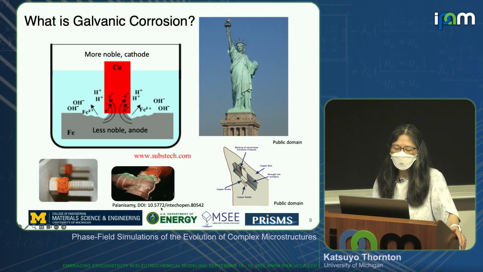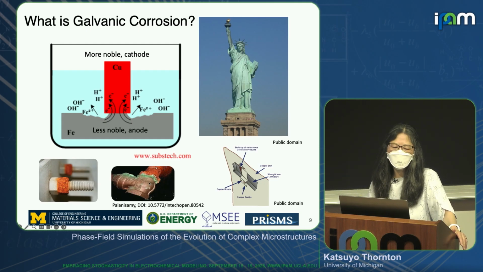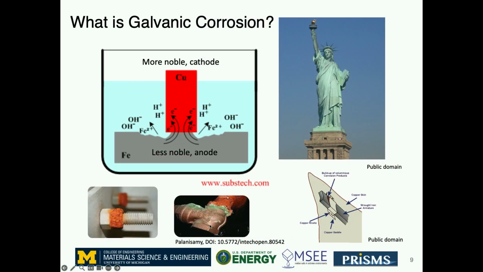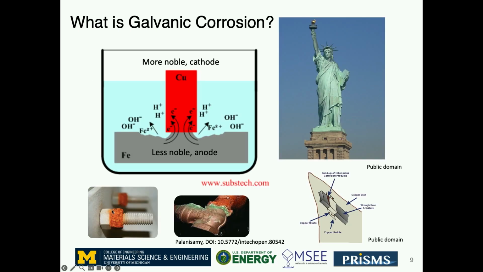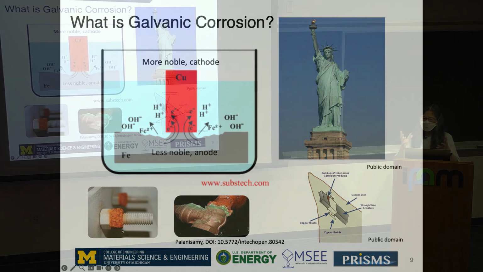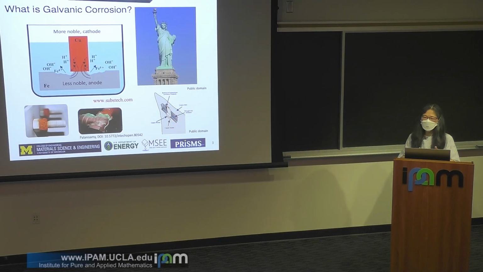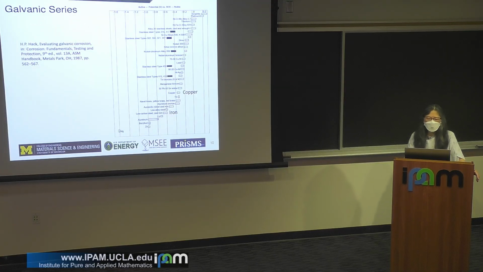In fact, in my house, an old house, a copper pipe and a steel galvanized pipe were connected, and indeed we saw something like this. Oops, sorry. If you see something like this, it is basically because somebody used the wrong material to combine. So you have to pay attention to the galvanic series.